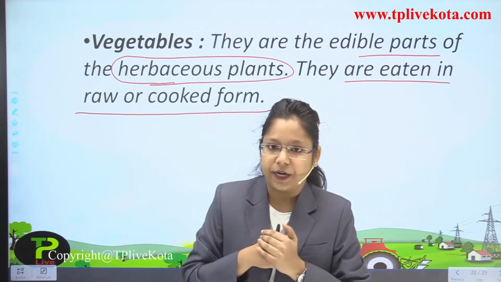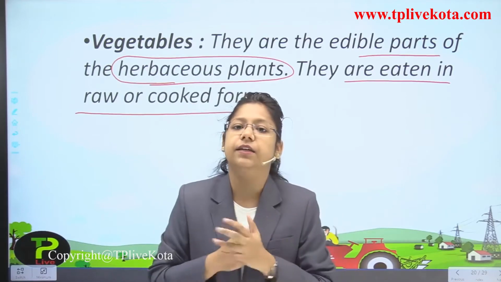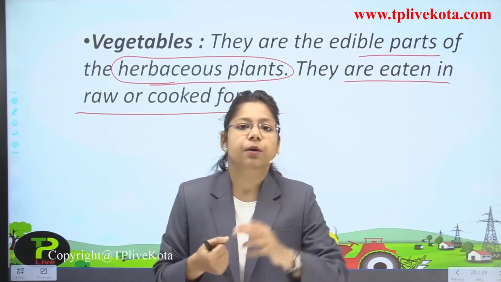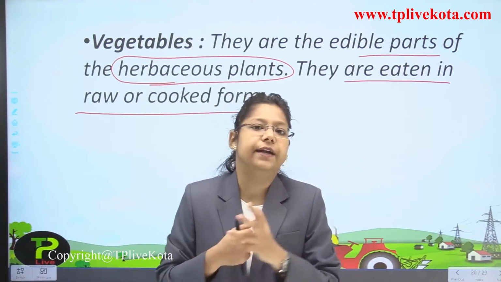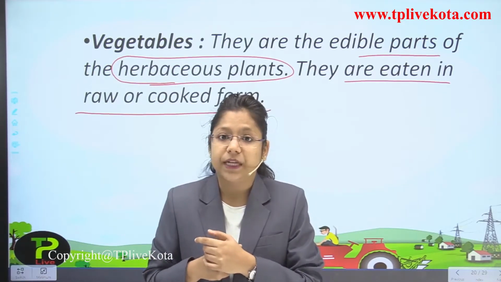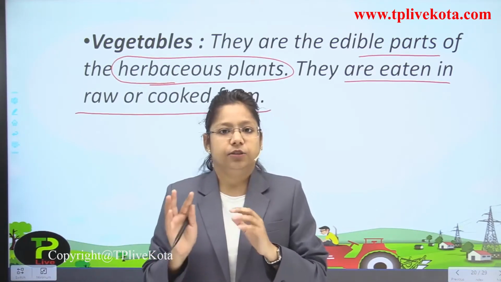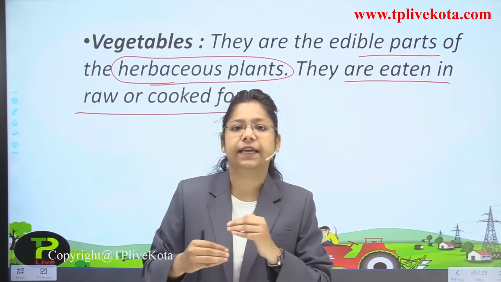Some parts are necessarily to be cooked. Why is it to be cooked? Because some enzymes and some vitamins get activated when they reach a particular temperature. So vegetables should be cooked and eaten, so they can be digested easily in our body.